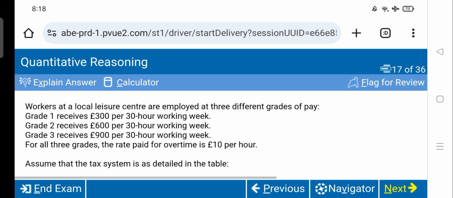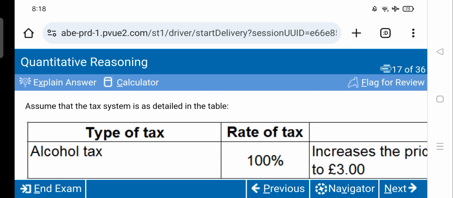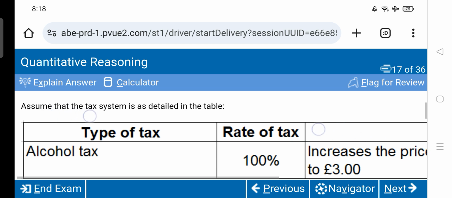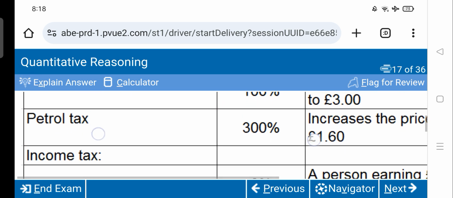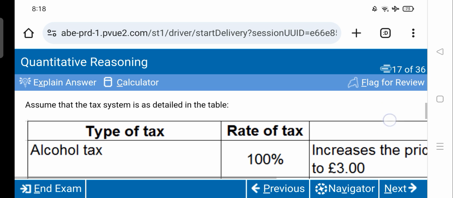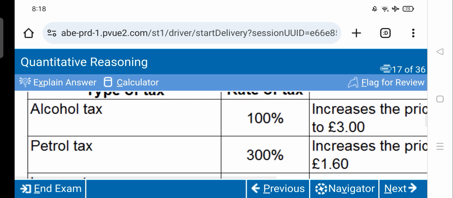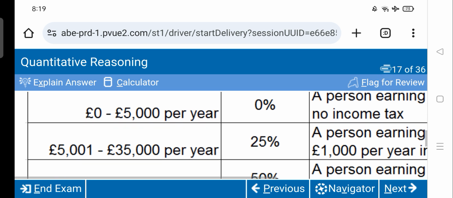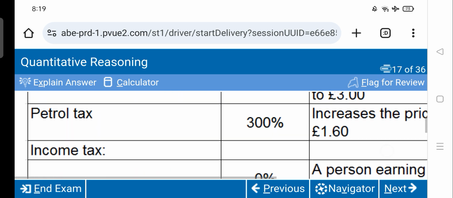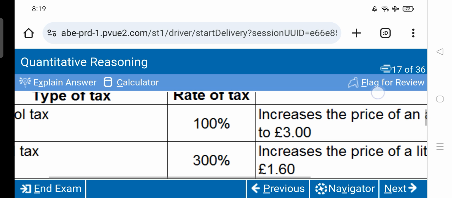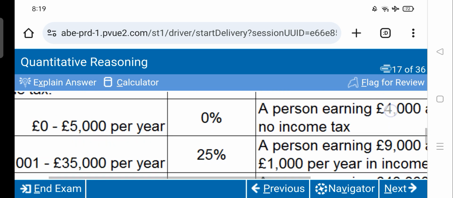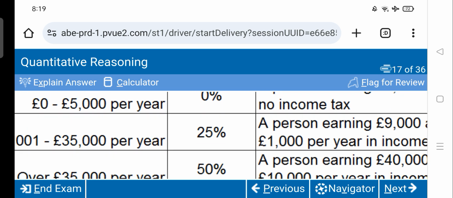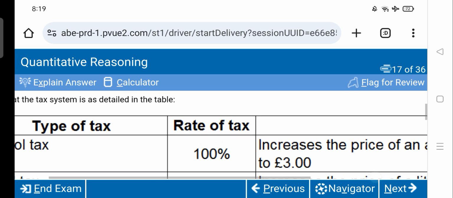Assume that the tax system is as detailed in the table. So here we have this table. As you can see here, type of tax: alcohol tax, petrol tax, then we have income tax with some per year values. Then we have rate of tax: 100%, 300%, 0%, 25% and 50%.